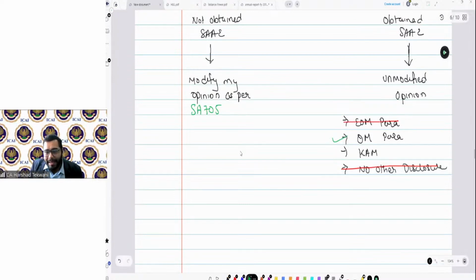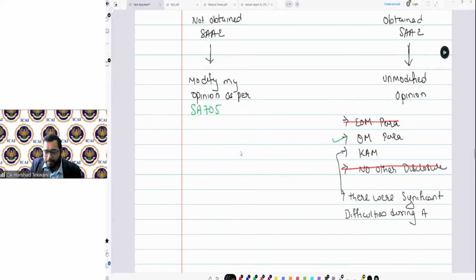I can include a key audit matter paragraph if there were significant difficulties during audit, or significant risk with respect to opening balance.